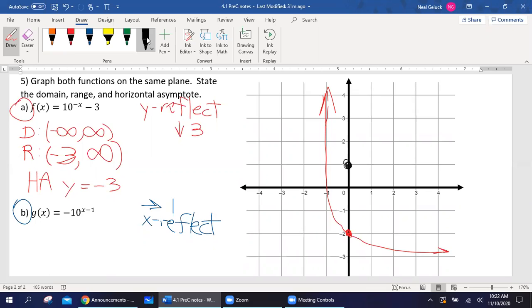Don't draw this. It's going to go to the right 1, but then it's going to flip over the x-axis, which means my entire graph is going to flip over the x-axis. So the point is actually hitting 1, -1. And since it's been reflected over the x-axis, it's going to shoot down.